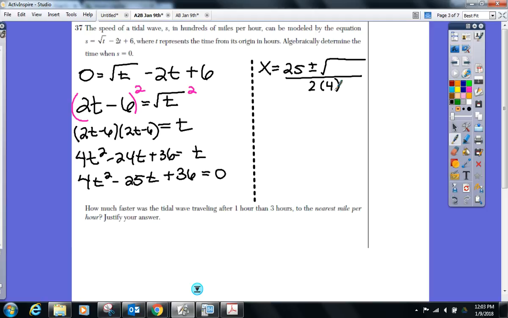Nobody wanted to do the old grouping method, huh? We getting a common number underneath the radical?